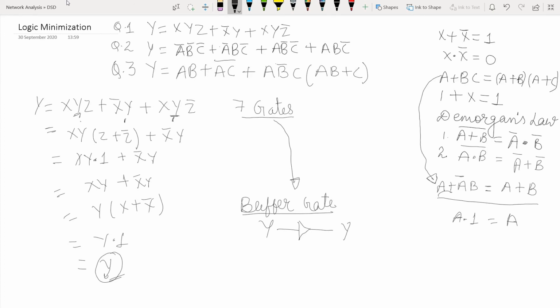This is the importance of logic minimization. Just to avoid confusion, do not take this y, take it as y1. So this is also y1. This is how we have minimized this expression from 7 gates to 1 gate.